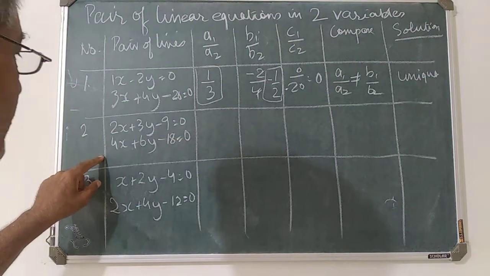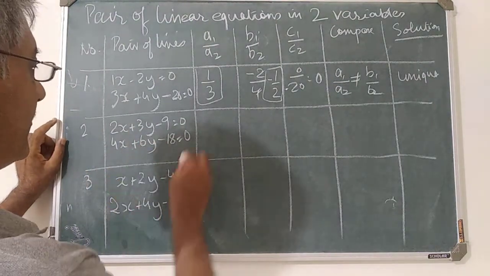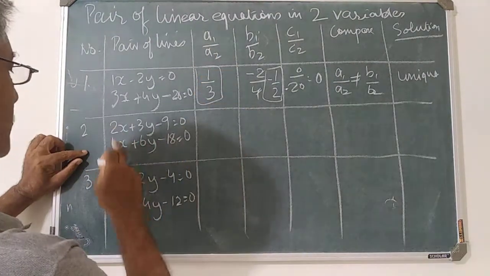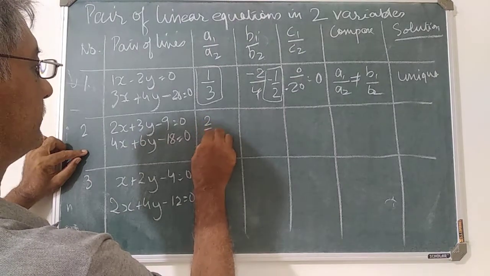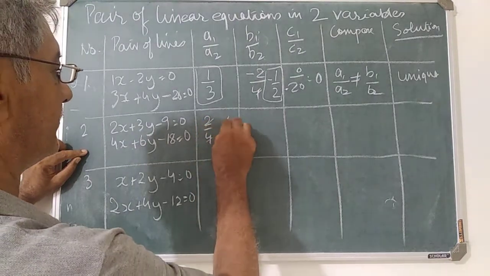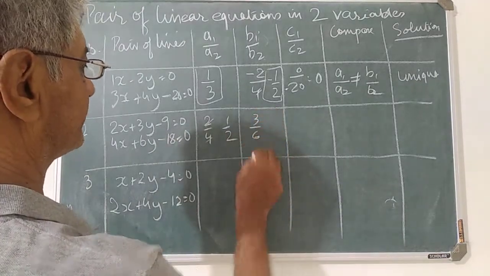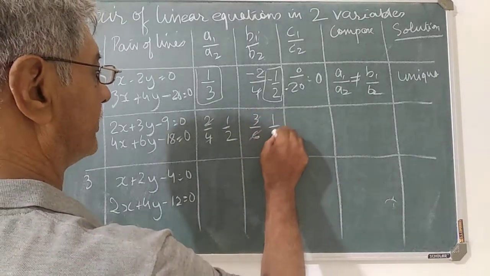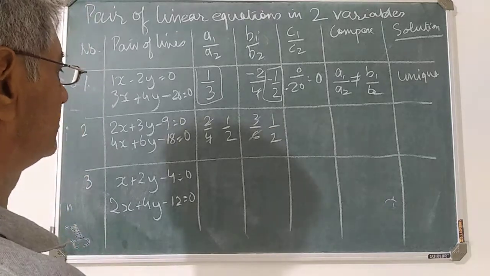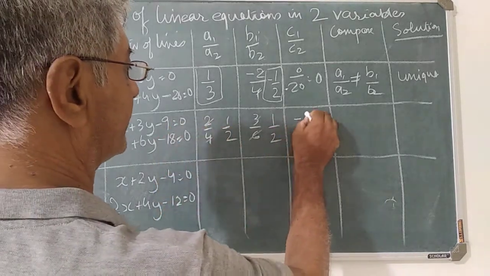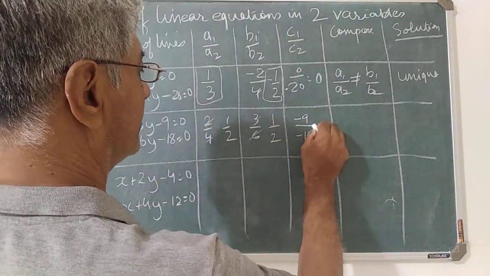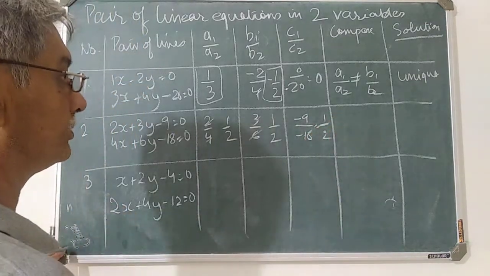Okay, next one, 2x plus 3y. So what is a1 upon a2? 2 upon 4, which if you cut, will be 1 upon 2. b1 upon b2 is 3 upon 6, which becomes 1 upon 2. And minus 9 upon minus 18 is also equal to 1 upon 2.